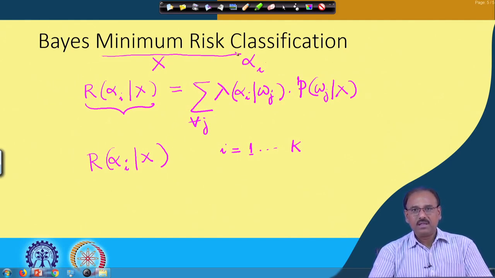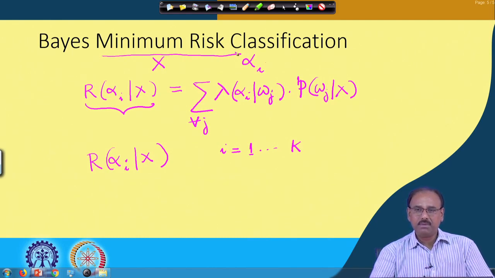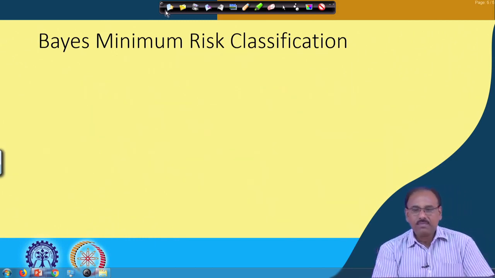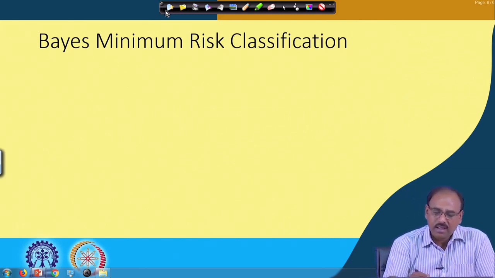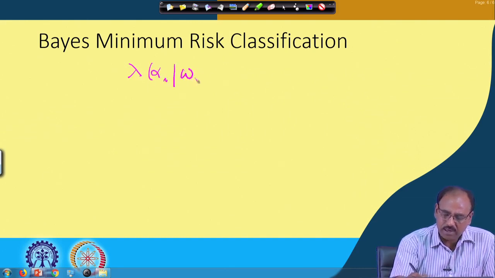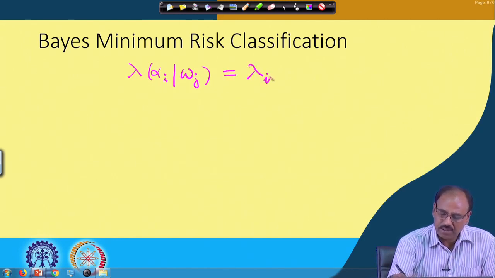Now, let us see whether I can establish any relation between this minimum risk classification and minimum error classification. Let us assume that we have a 1 0 loss function. That is, I assume that lambda of alpha i given omega j, let me represent this in short as lambda i j.